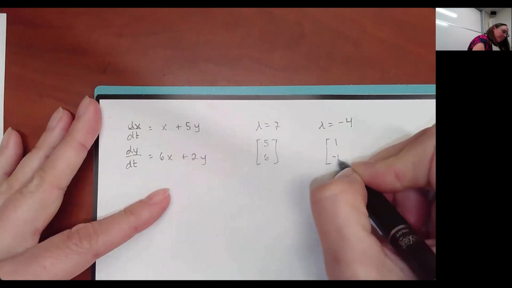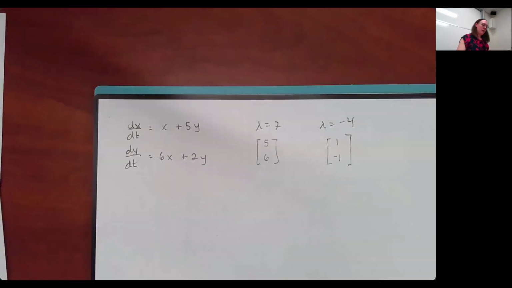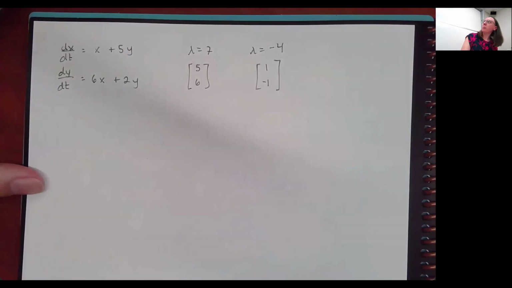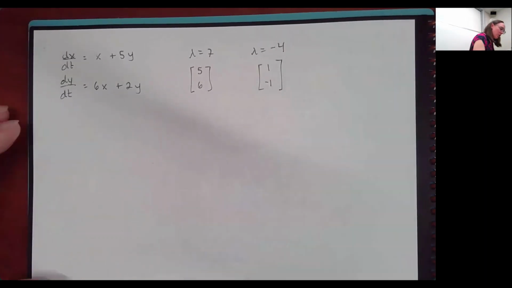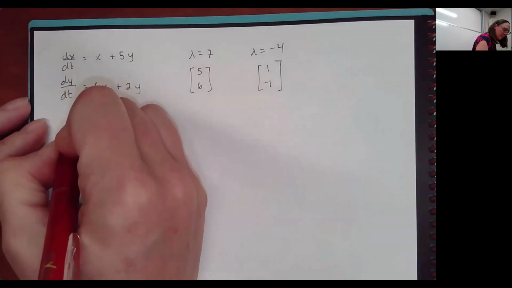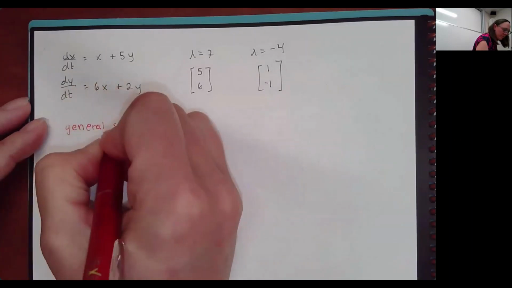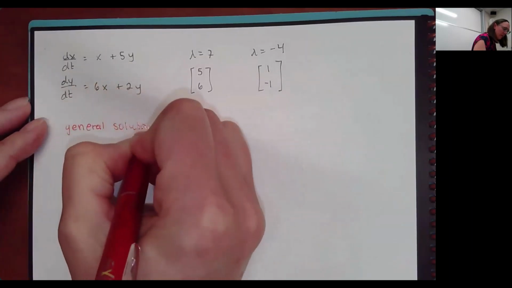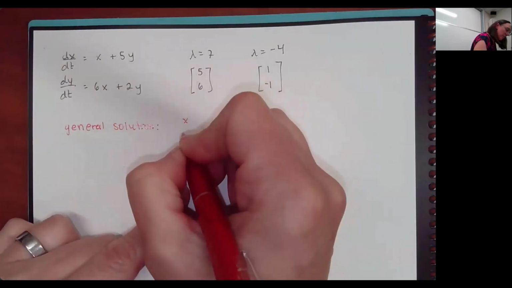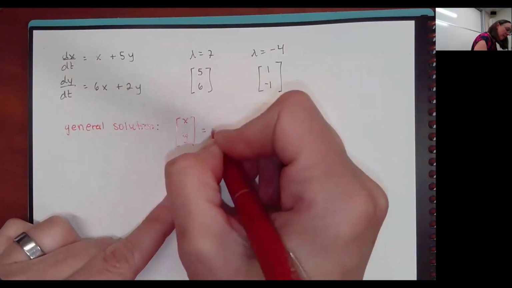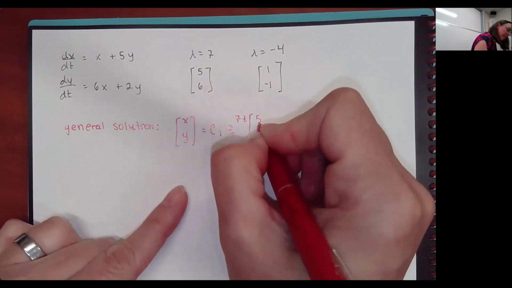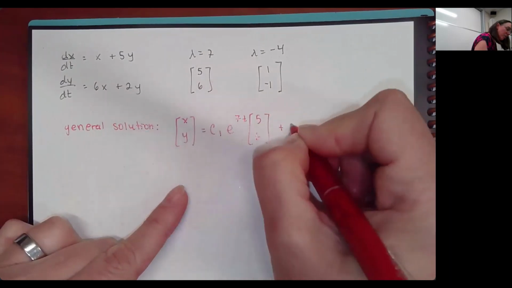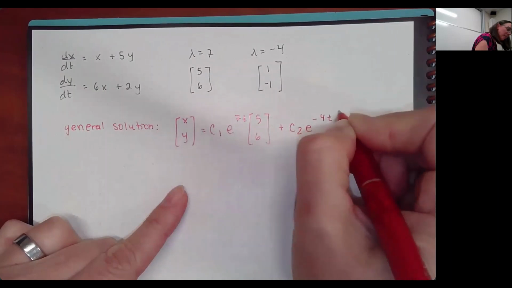Okay. Great. Which means that our general solution looks like C1 e to the 7t times the vector (5, 6), and C2 e to the negative 4t times the vector (1, -1).